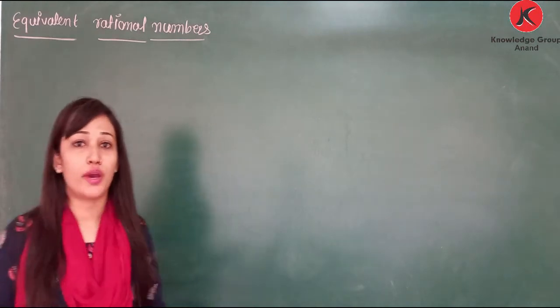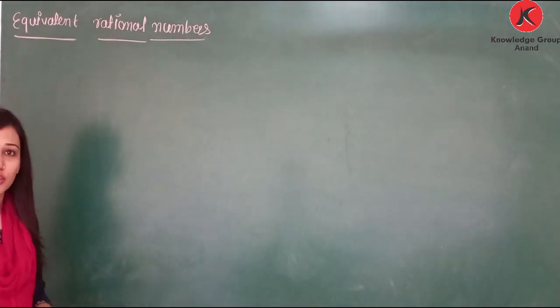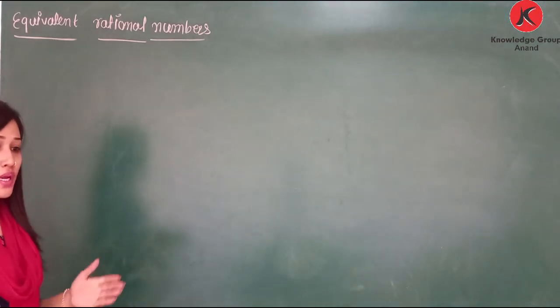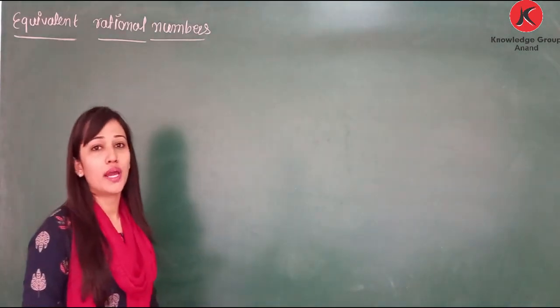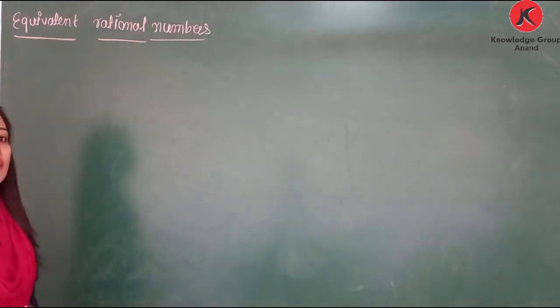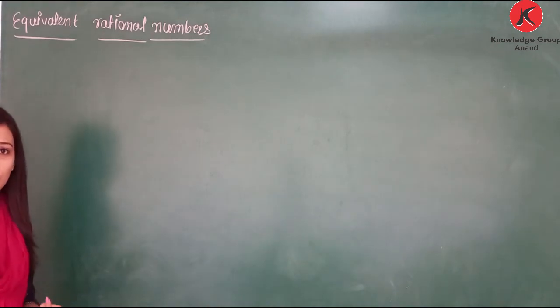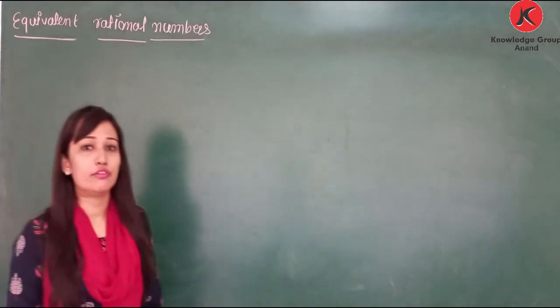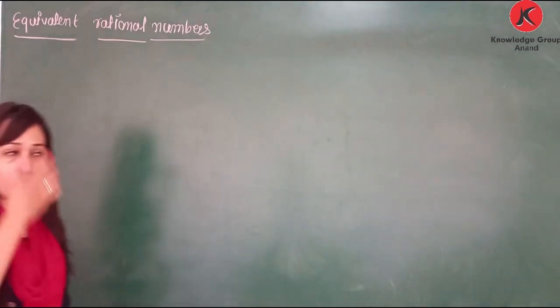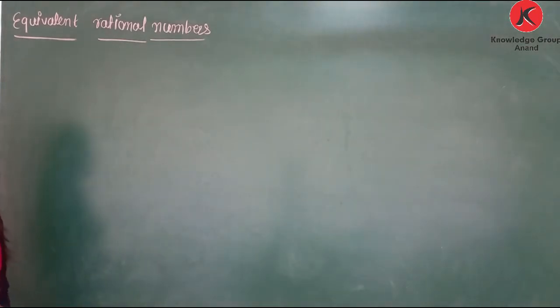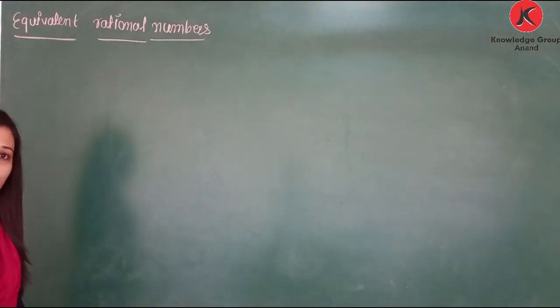Also we learn how to find the equivalent fraction of a given fraction, how to represent a fraction on a number line, and about the standard form of a fraction. The same thing we need to apply for rational numbers, because rational numbers include fractions also.